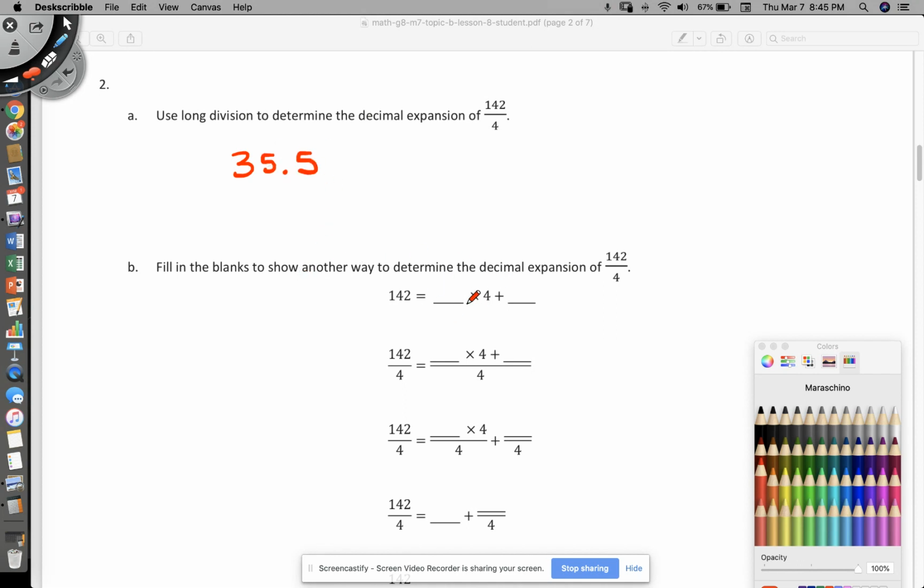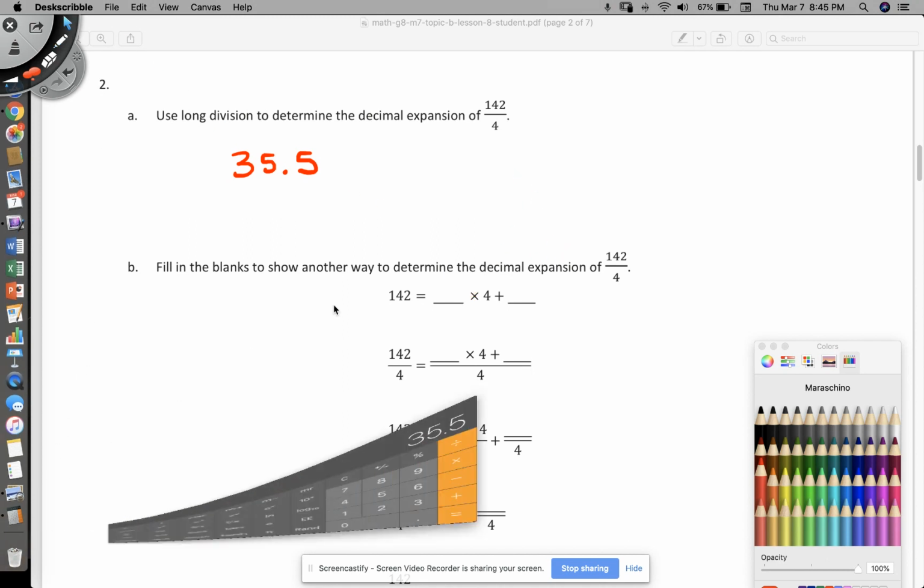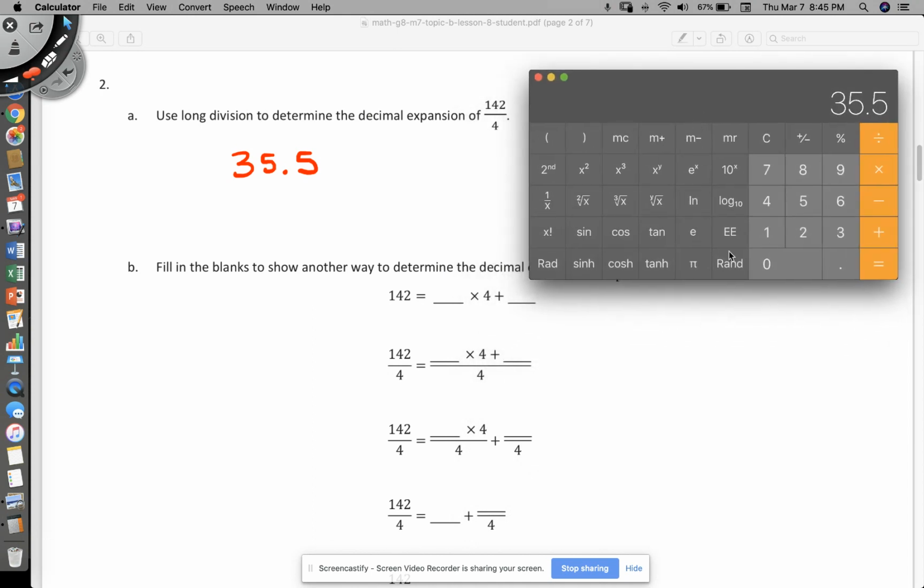Now, I know that 142, I have to break this down now. So I'm looking at 142 divided by 35, what's this being multiplied by? Oh, it's being multiplied by 4. Okay, well, hold on, I did that wrong. This is going to be times 4 plus something.